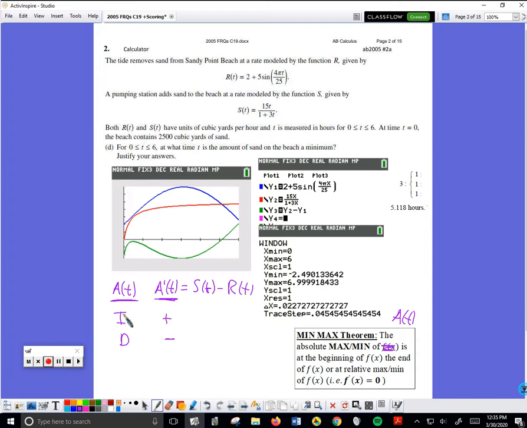So I need to justify my answer. So what I write, let's copy this over. Okay, so what I'm going to write, let's get rid of a few things here. I don't need this anymore.